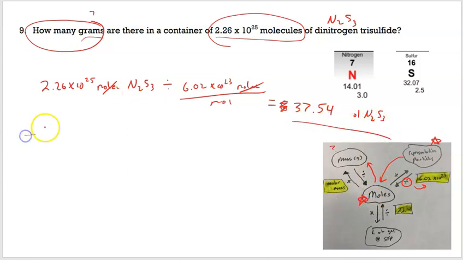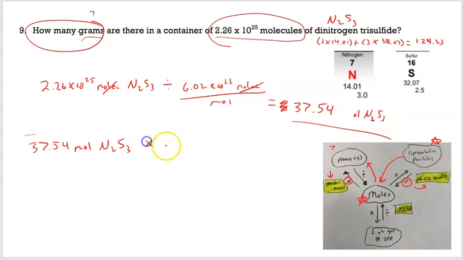All right, so I'm going to go 37.54 moles of N2S3. Right, to go from moles to mass, I'm going to have to multiply by the molar mass, right? And dinitrogen trisulfide would be 2 times 14.01 plus 3 times 32.07. Plug that in my calculator. I should get 124.23.